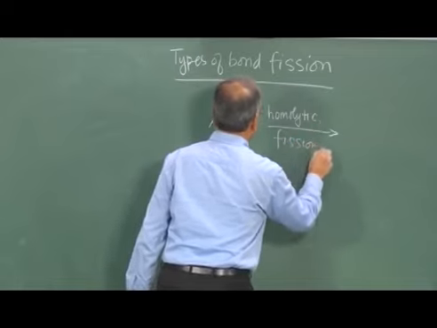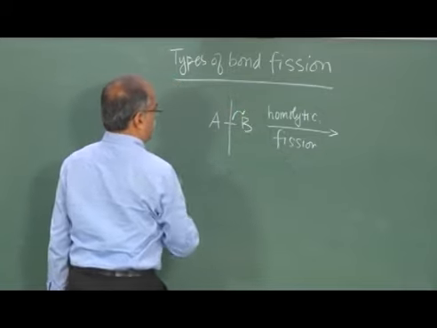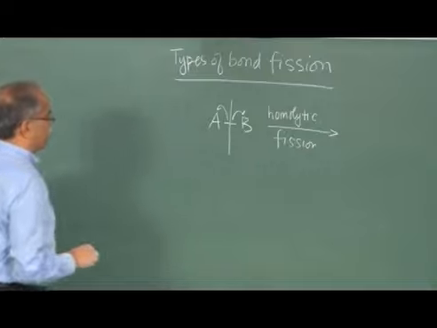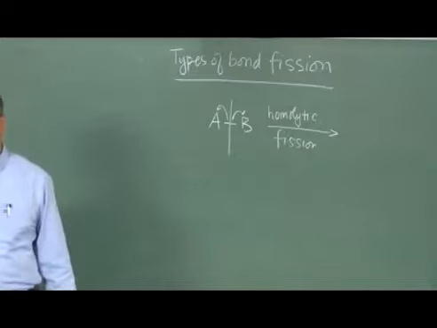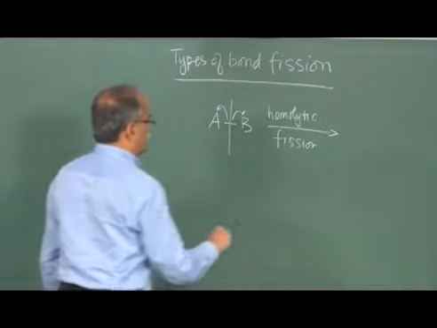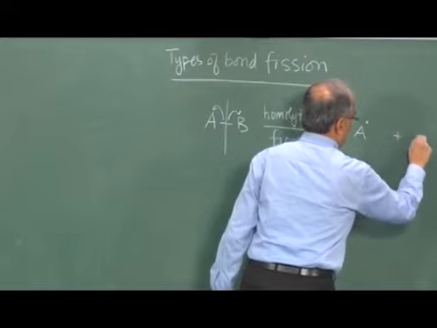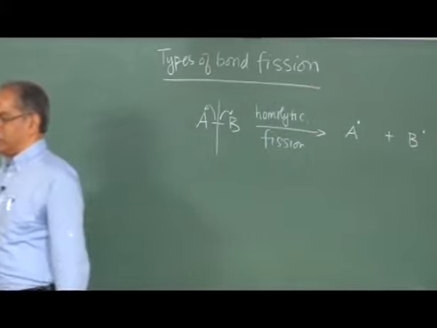In the homolytic fission, one of the electrons goes to B, the other electron goes to A. As a result, A and B now have an odd electron present in them. So, it will produce A radical and B radical. Such a process is known as the homolytic fission.